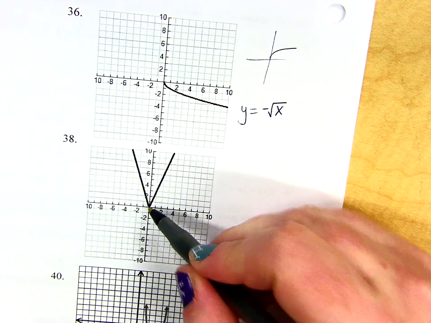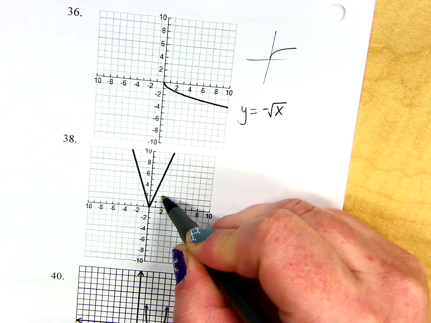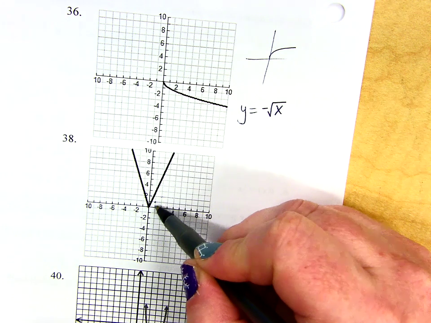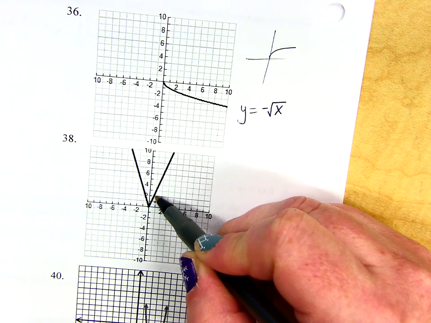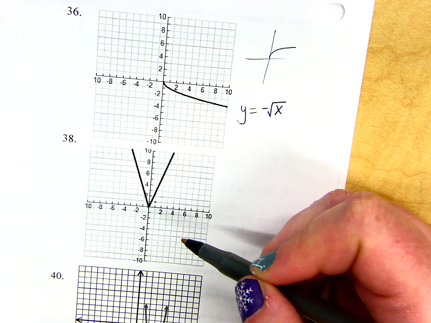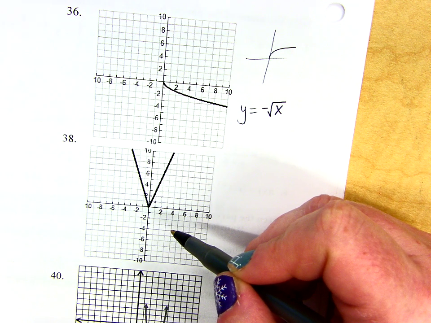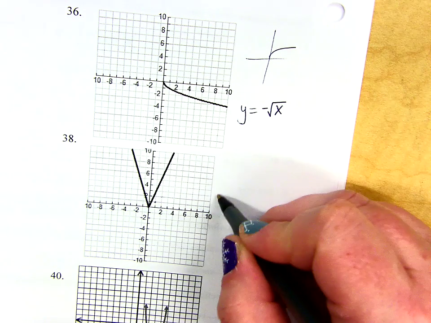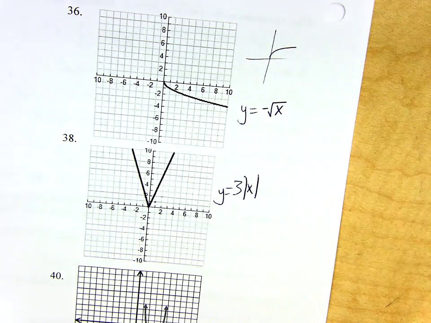So I have to figure out, I would normally be at 0, 0, 1, 1, 2, 2, and so on. But I'm not. Look where I am. Instead of being at 1, I'm at 3. So what did they multiply by? Yes, so this equation is that.